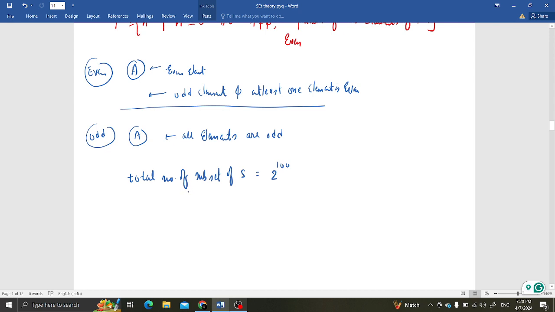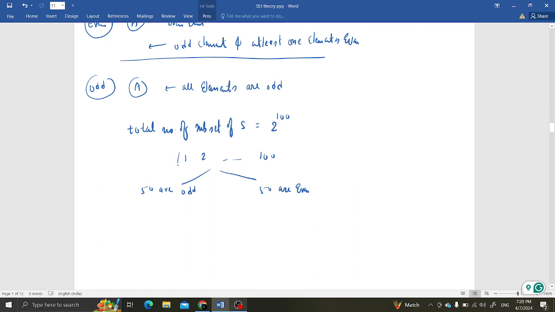Okay. So we get only even. How many elements are actually odd? Out of 1, 2 up to 100, we have 100 elements. So out of them 50 are odd and 50 are even.